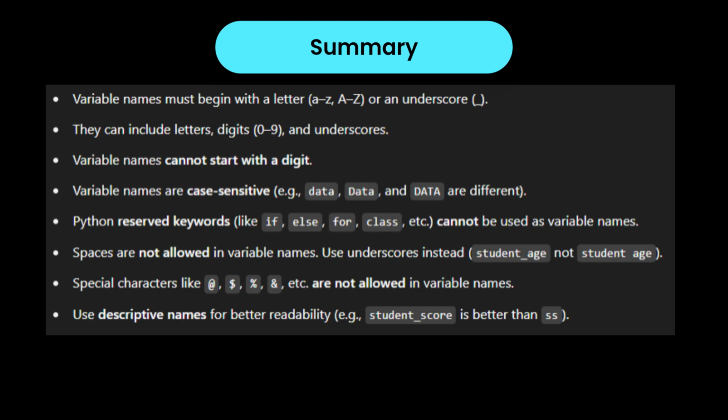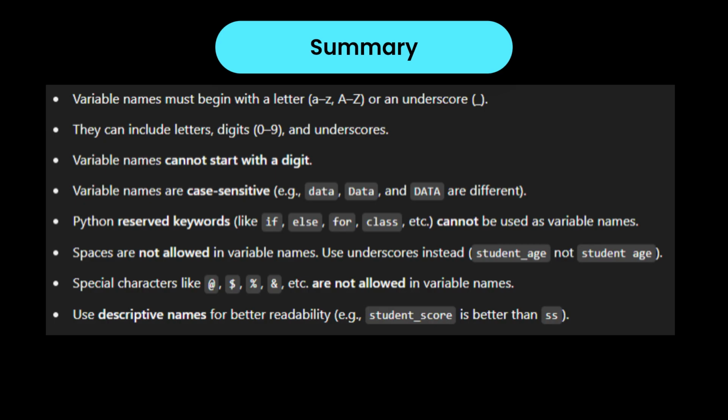As a best practice, always choose names that are clear and meaningful. Something like user_score is much better than just us, or student_score is better than just a score or just s. And finally, never use spaces in variable names.